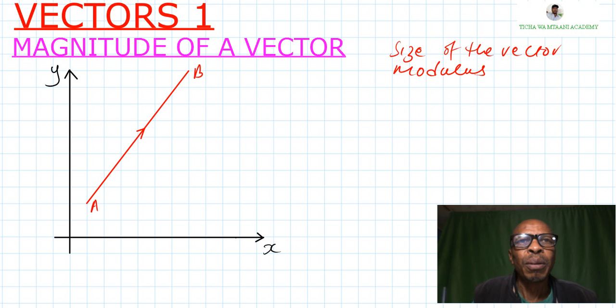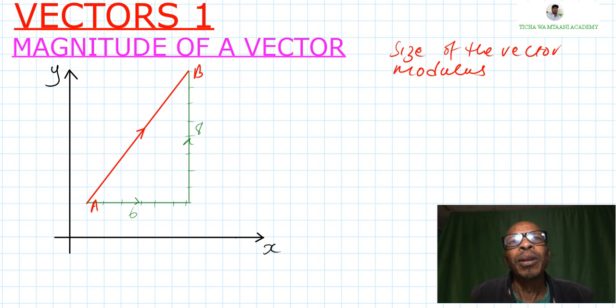The x component will be like that, and the y component will be like that. The x component is 6, counting 1, 2, 3, 4, 5, 6, and the y component is 8, counting 1 to 8. These are the components of the vector.